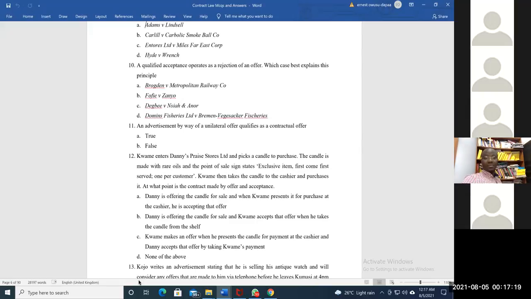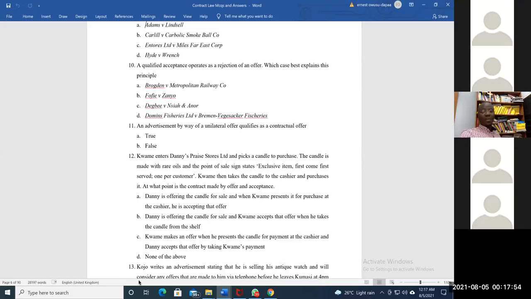If documents go back and forth, the last document has the say. I think it has to do with acceptance, and the court was of the view that there must be positive evidence that you used words, writing, or you made acceptance by conduct. Okay.